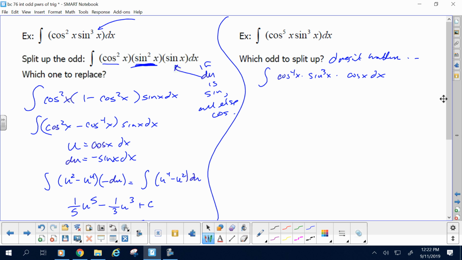If you do that, then what's your du? Cosine, so everything else needs to be sine. The thought process for your notes is if du is cosine, make all else sine.